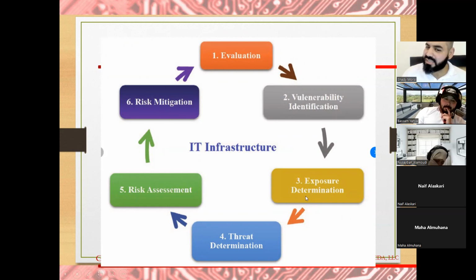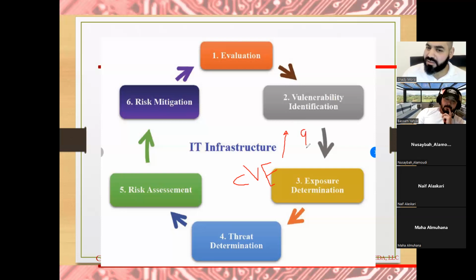So who is going to tell us the exposure determination? Something called CVE. And the CVE website will give a score for every vulnerability. So for example, you run a vulnerability scan on your Windows machine, and it finds a vulnerability with a score of 9.